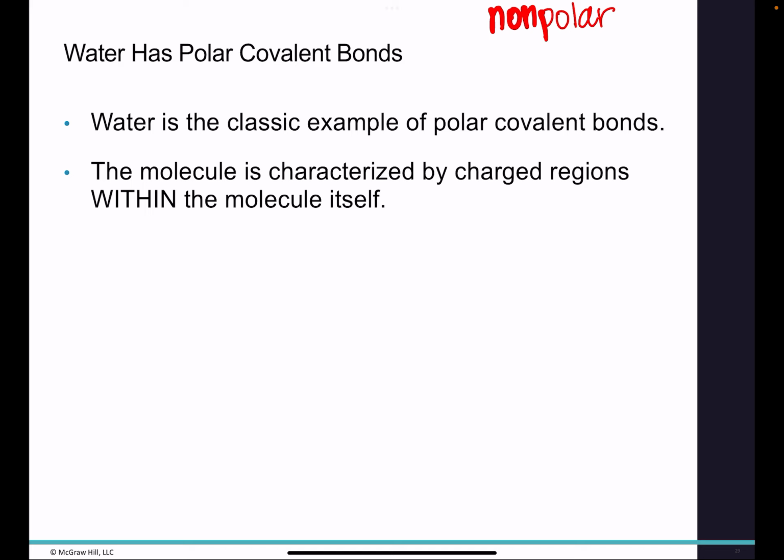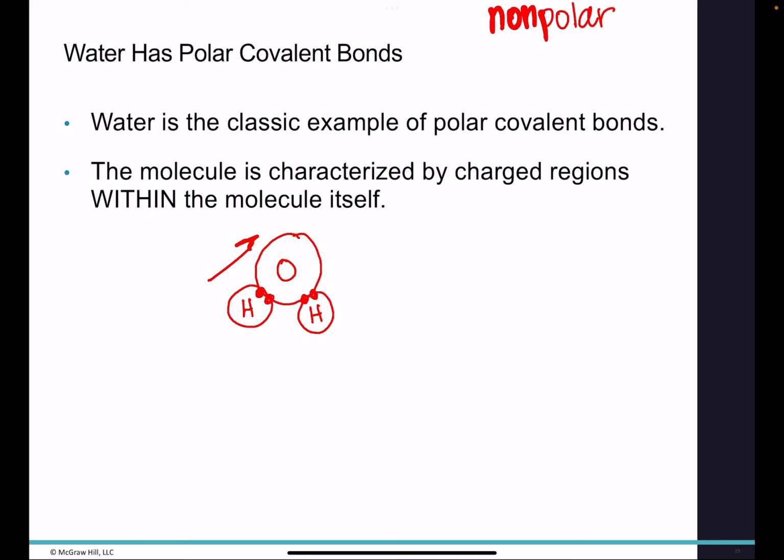So within a single water molecule, we have an oxygen atom bound to two hydrogen atoms. And I have drawn these little circles around our atomic symbols because I want to represent where the electrons are going to be. So this is a covalent bond, so electrons are actually being shared between our hydrogen and our oxygen.